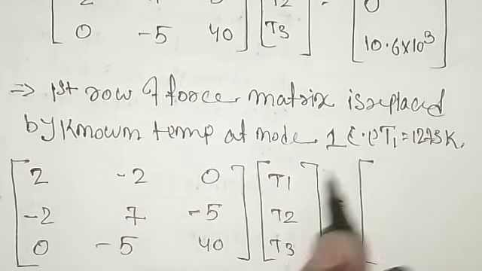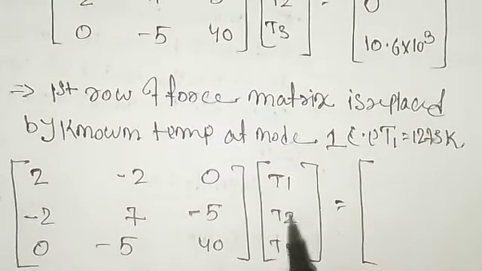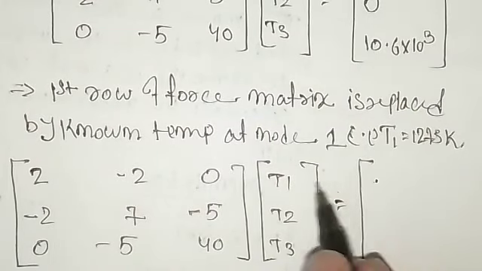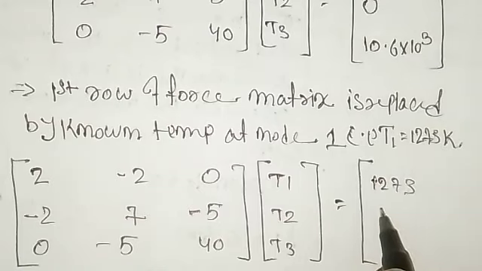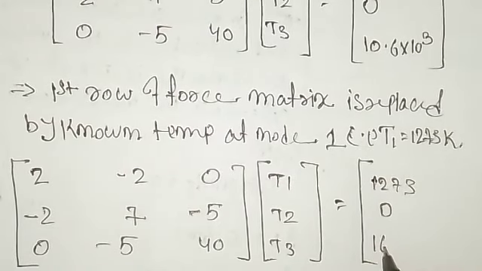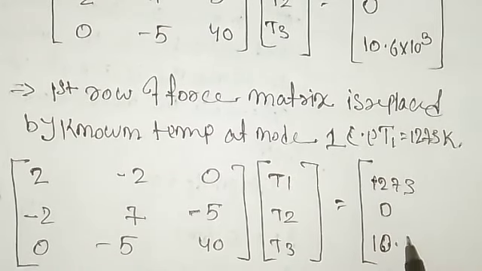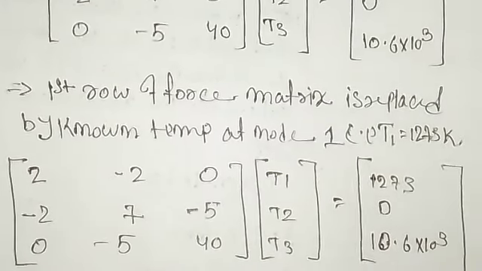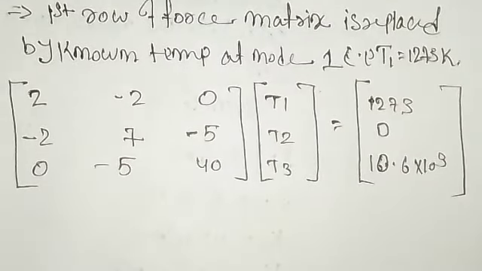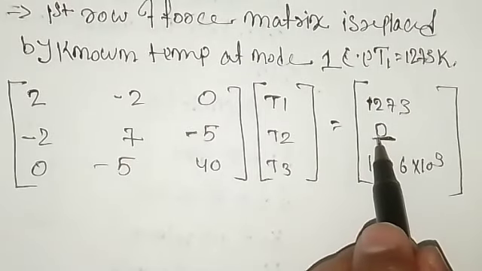Then the force matrix will be replaced. At node 1 the temperature will be added, that is 1273, and this is 0, and this will be 10.6 into 10 to the power of 3. Further, this will also be modified.